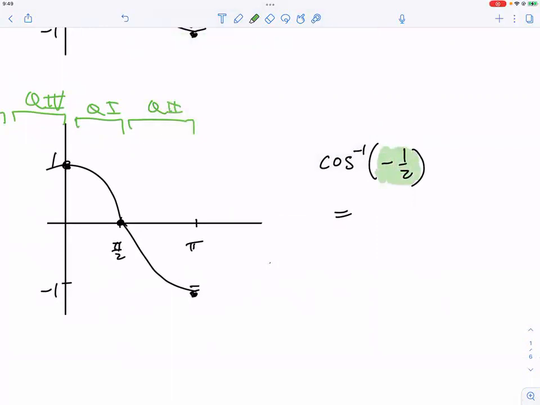Is this an angle or is it a ratio? This is a ratio. Remember last semester, I made a point. You've got to make very clear the distinction between a ratio and an angle. This is coming back. So what's the angle if you have a ratio of -1/2?